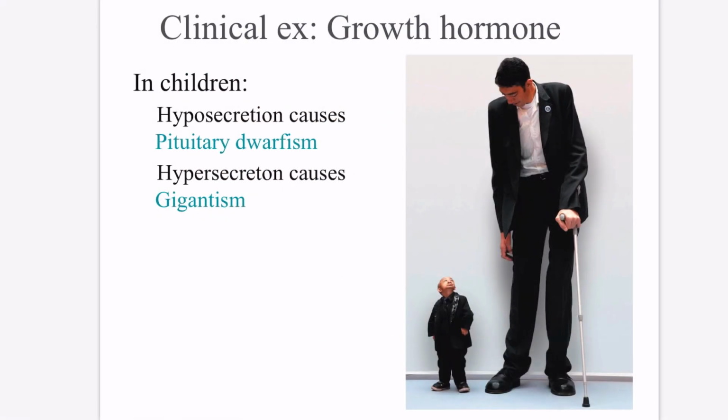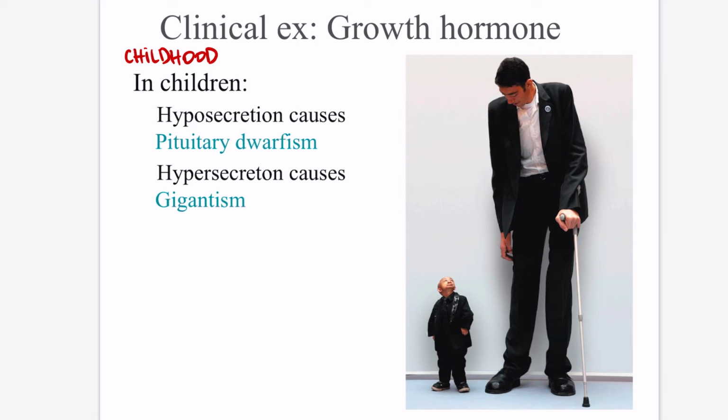So just some clinical disorders or clinical examples here. Here we have 2 disorders of growth hormone, and these are both in childhood, and that's an important part here, in childhood.